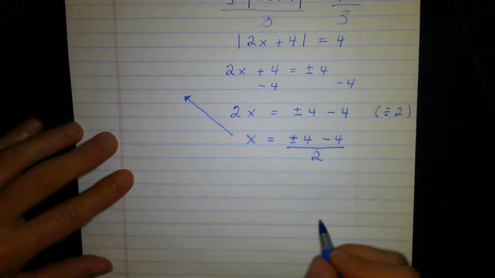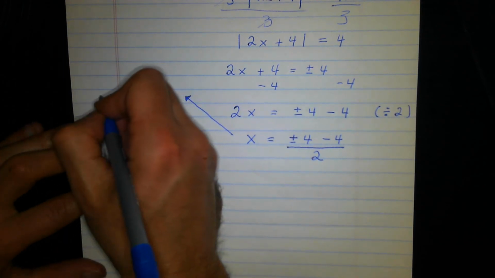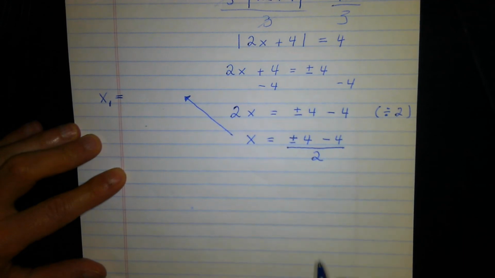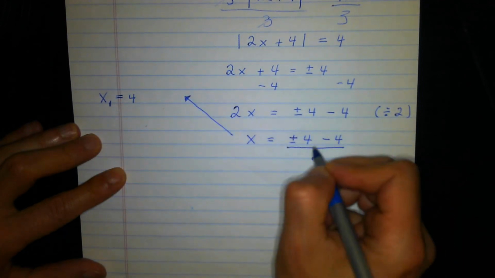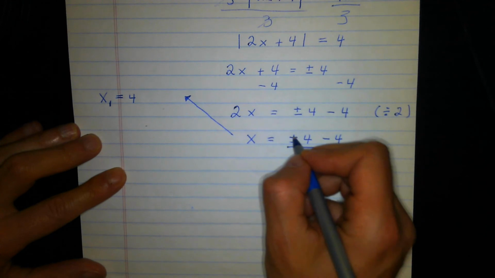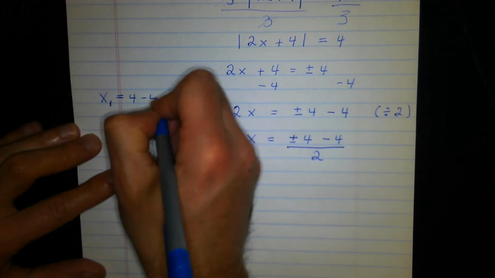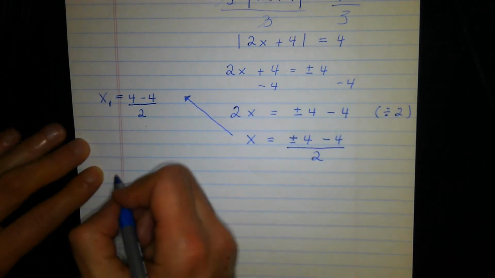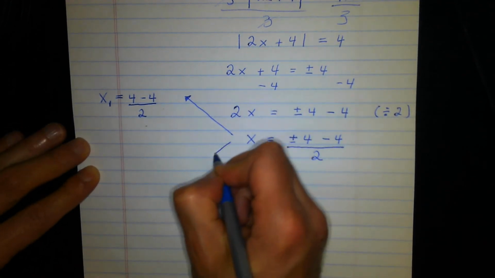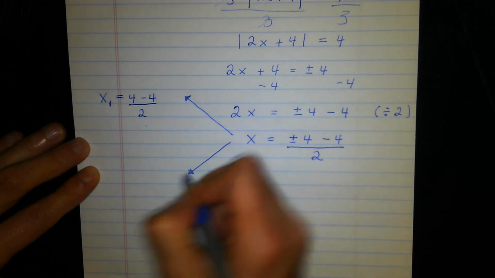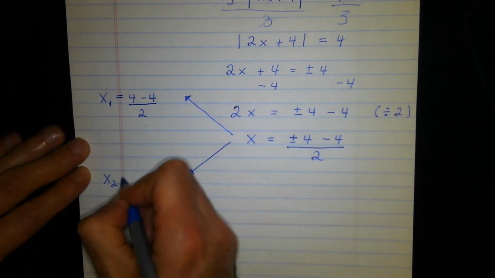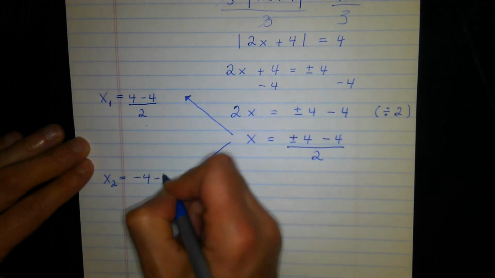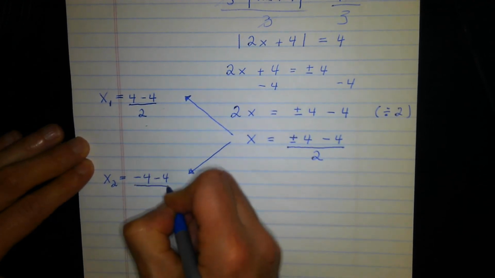What are my 2 solutions? My first solution, x1, equals 4, for the plus 4 case, 4 minus 4 divided by 2. And then my second solution, x2, is equal to minus 4 minus 4 divided by 2.